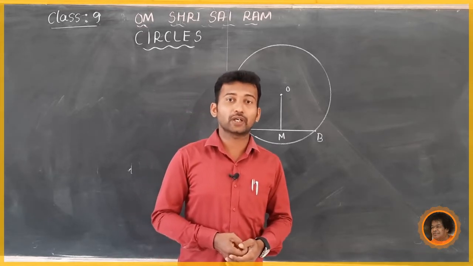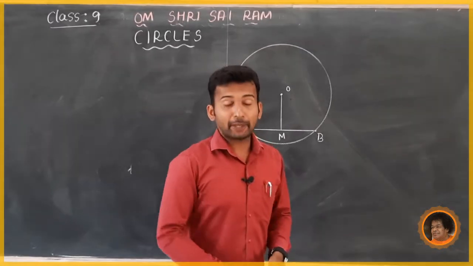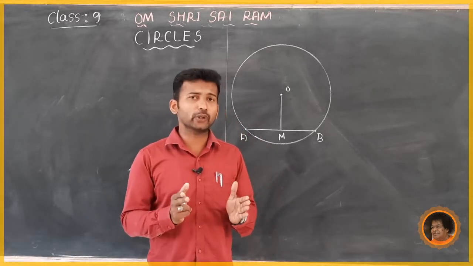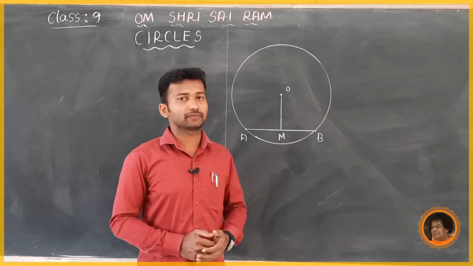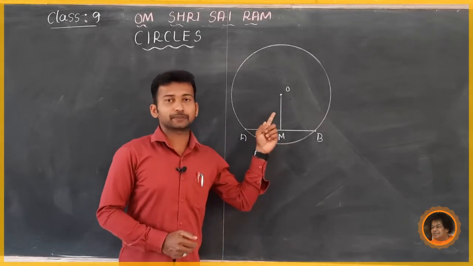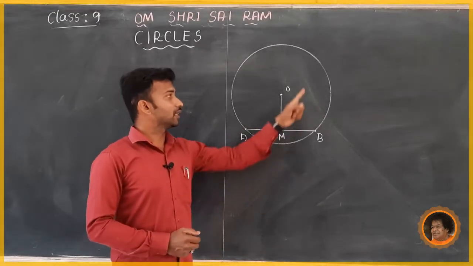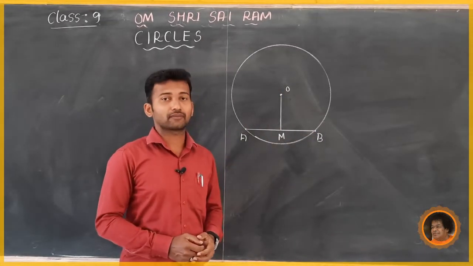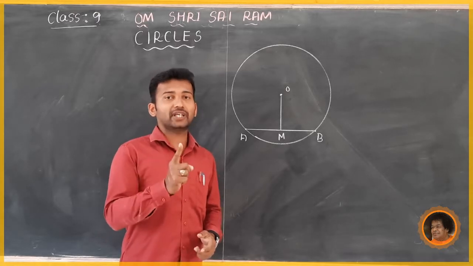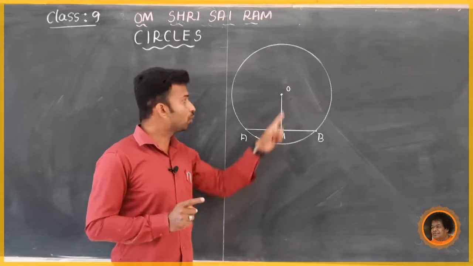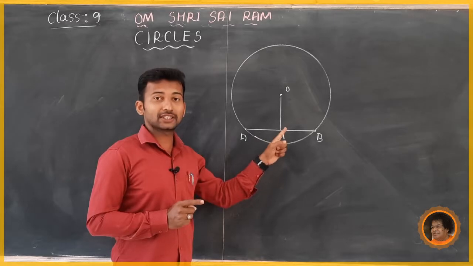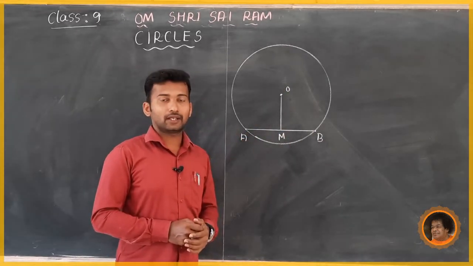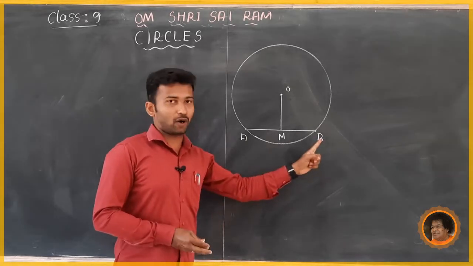In this class, we are going to study the perpendicular from the center to a chord. Look at this figure. A circle with center O and AB is a chord. A perpendicular line segment OM is drawn from the center to the chord.